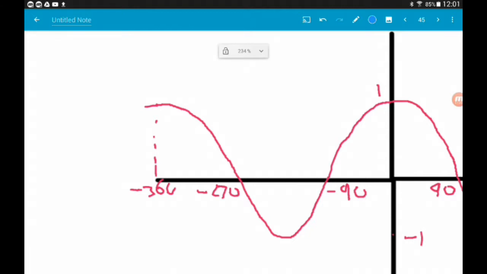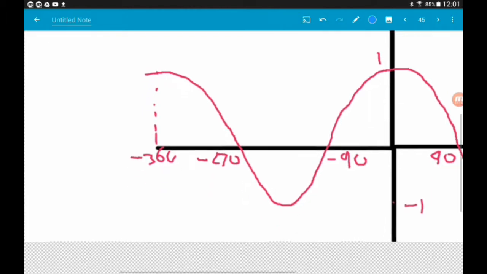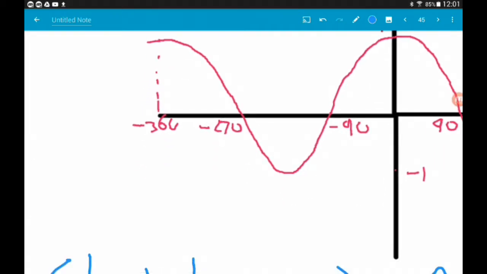This first peak here is at (-360, 1). That's going to reflect down to -2, which we're going to say is there somewhere. We're then going to go through the x-axis. -2 times 0 is still just 0.